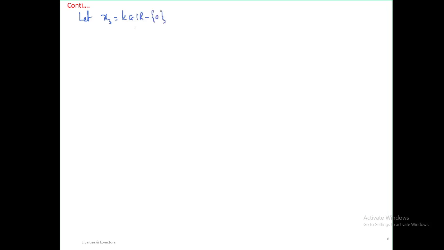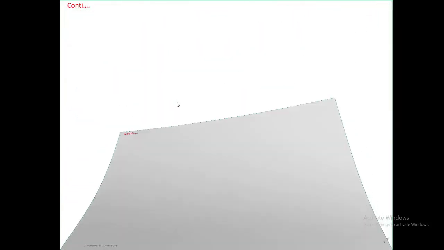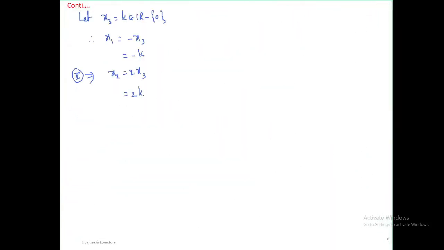Going back to equation 5, x2 is equal to 2x3, that means 2 times k. Yeah, x2 is equal to 2x3. Fine. So we got all the values.